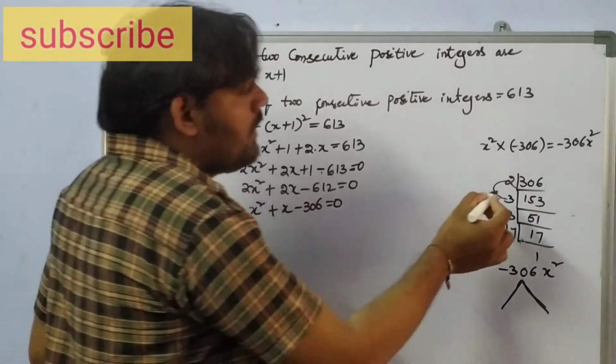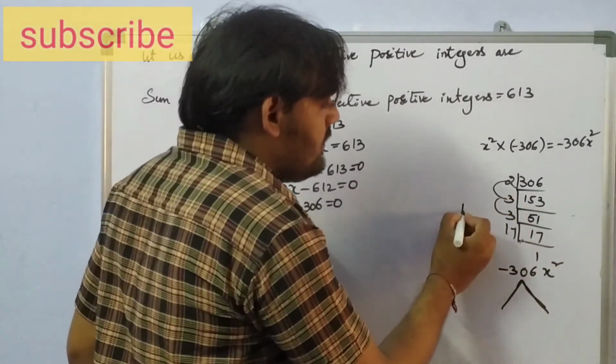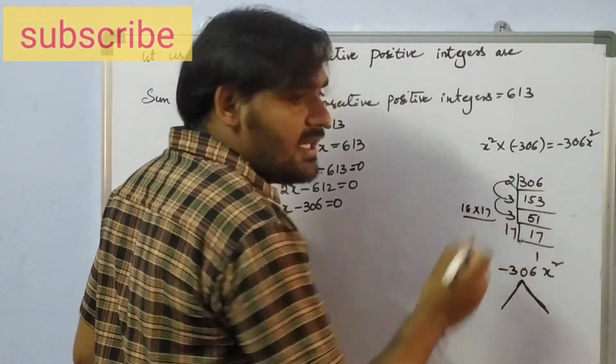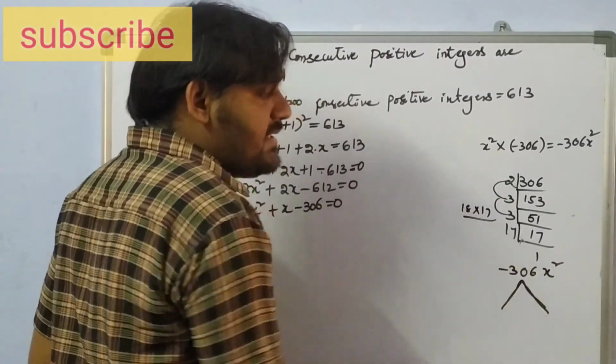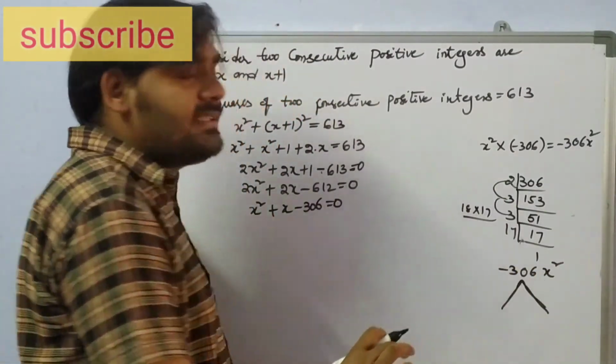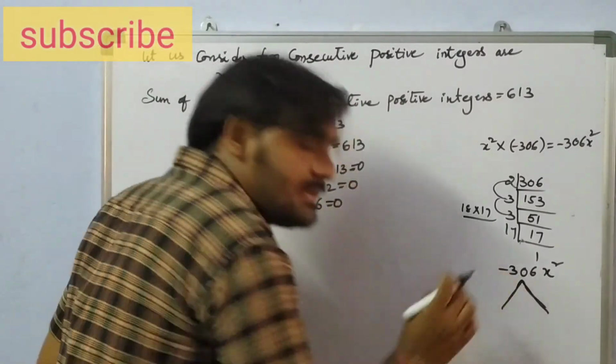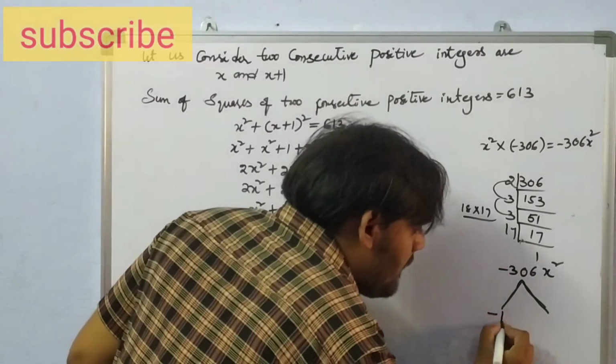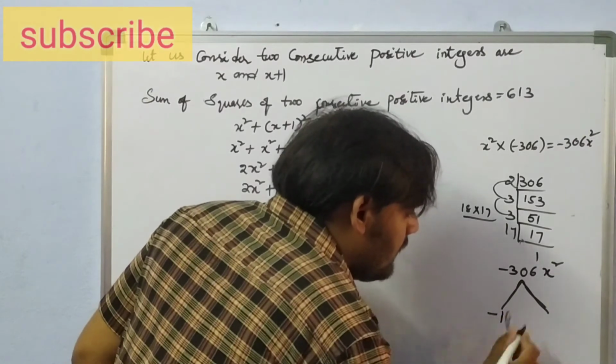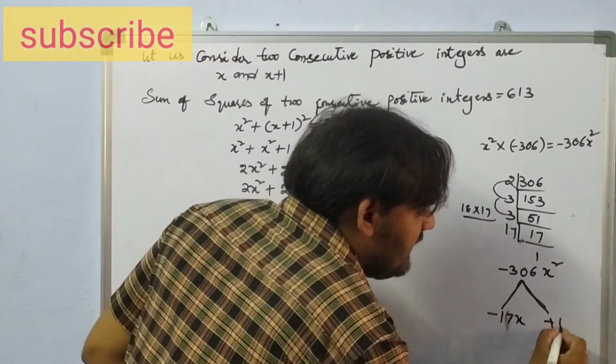Which term should be positive and which term should be negative, the middle term decides. See here, 2 3s are 6, 6 3s are 18. So 18 into 17 we are getting 306. But we need to get minus 306. So here 18x and 17x satisfy 306, but we need to get minus. So that only here I am taking minus 17x plus 18x.